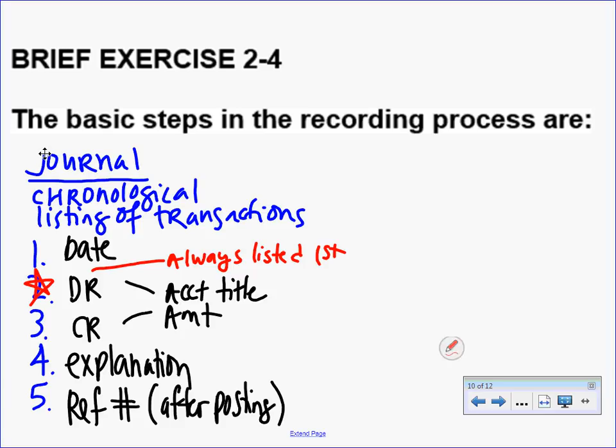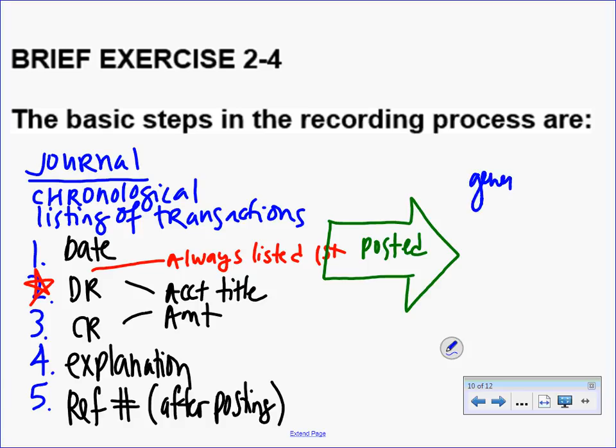Okay, everything that happens here is posted. We'll come back and define posting in a minute. Posted to the general ledger.